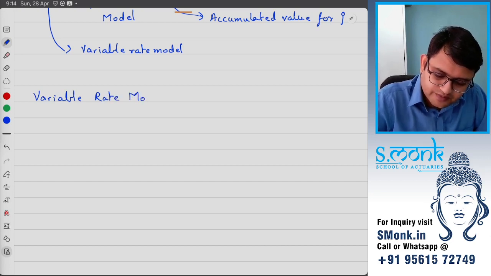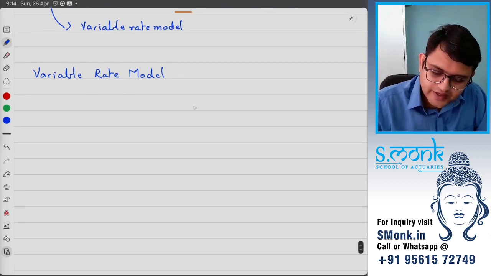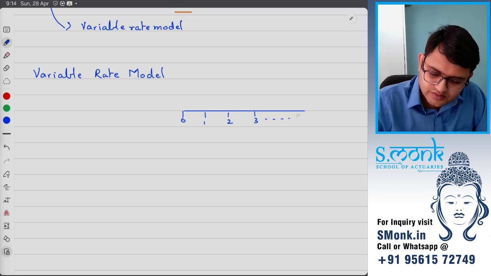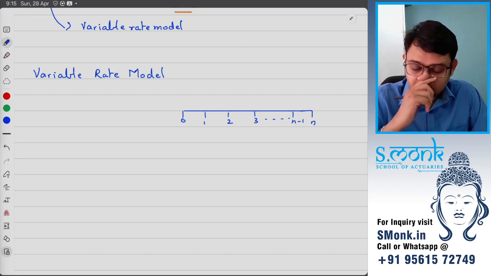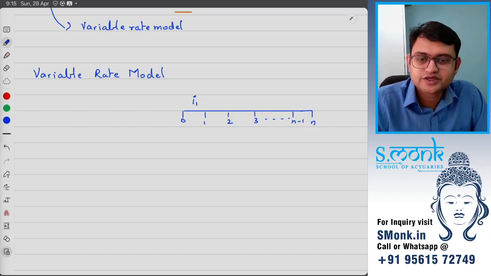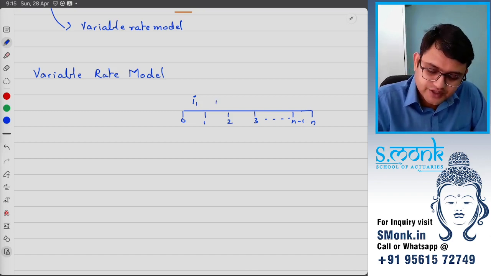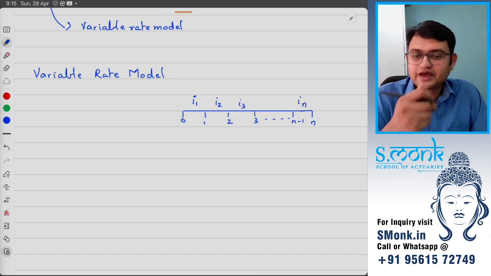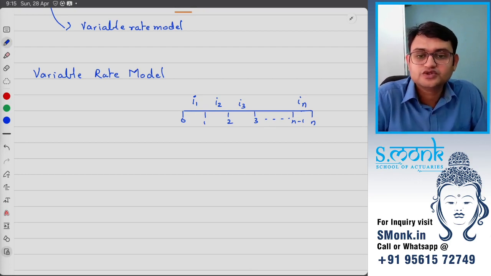So if I say that our investment is for n years, now each year the rate of interest would be different. So I1, this is the rate of interest that we'll have for the first year. For the second year we'll have I2, for the third year we'll have I3, and so on. For the last year we'll have IN. So we are seeing each year the rate of interest will differ.